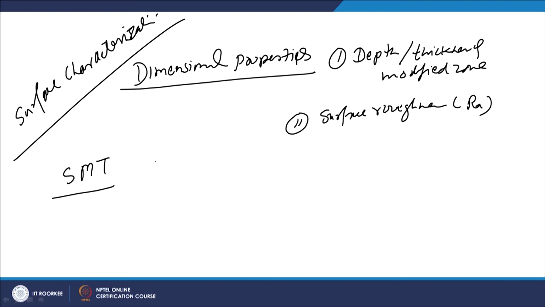For example, if we take the category 1 processes where just surface metallurgy was used for modifying the surface properties, under that we had laser hardening, induction hardening, flame hardening, electron beam hardening.